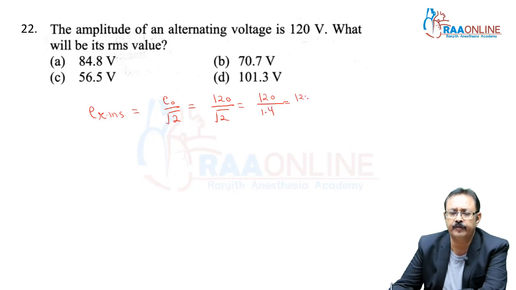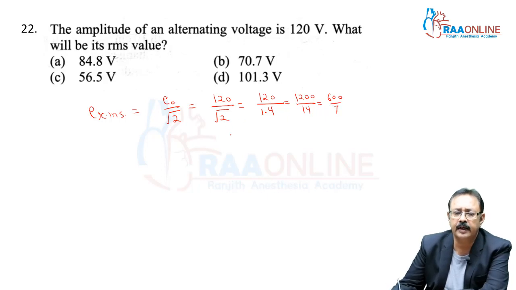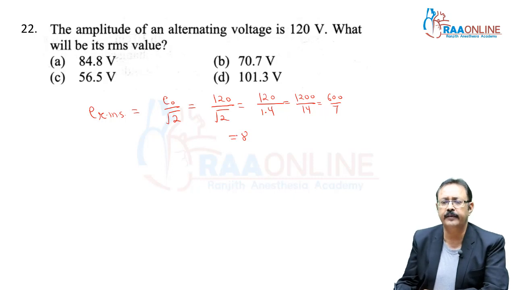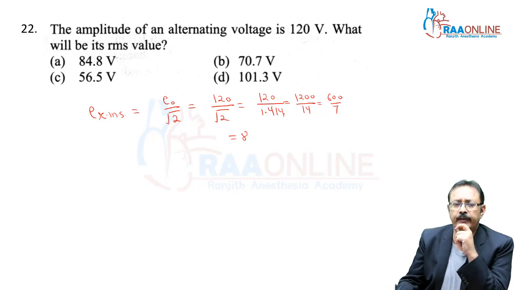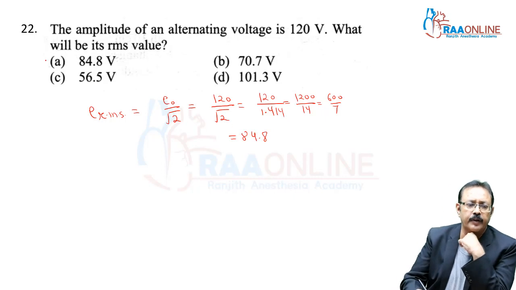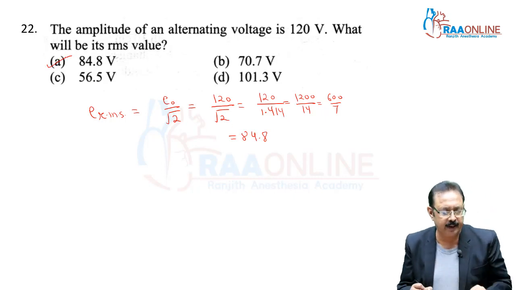So 1200 by 14, 600 by 7. 7 8s are 56, 40. So nearly we are getting, actually it is 1.414. So we are getting 85, so we will get 84.8. So we are going with A option, 22nd A option.